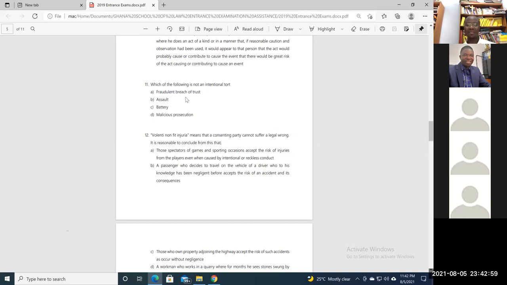Isn't it a criminal offense? If we look at Act 29, section what? What provision governs the fraudulent breach of trust? Anybody? You go to the part of offenses involving fraud, dishonesty, and all that. What provision governs fraudulent breach of trust? Act 29, that is the Criminal Offences Act.